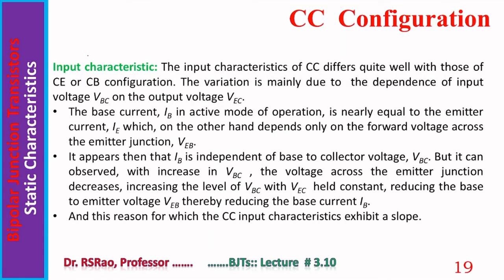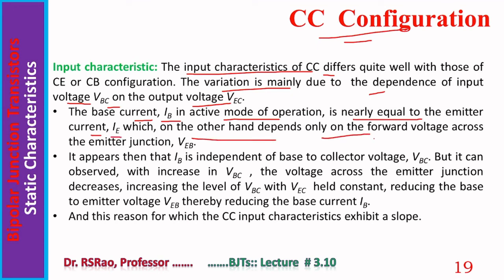A few points regarding input characteristics of CC configuration. The input characteristics of CC differ quite well from those of CE or CB. The variation is mainly due to dependence of input voltage VBC on output voltage VEC. Base current IB in active mode of operation is nearly equal to emitter current IE, which on the other hand depends only on forward voltage across the emitter junction, VEB.